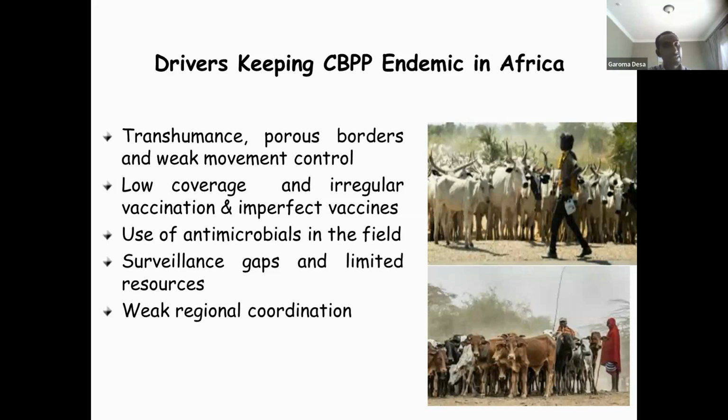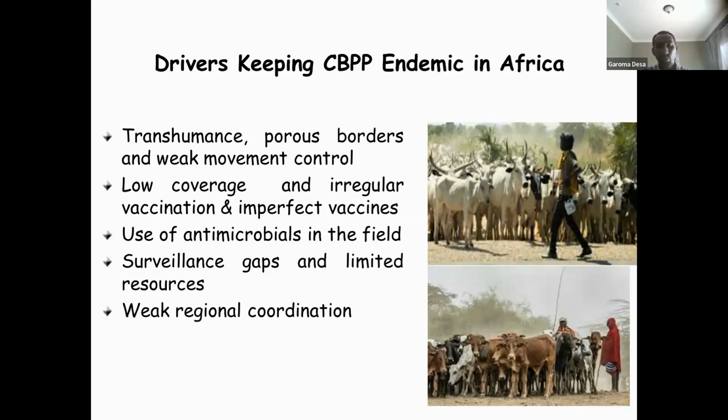There is also low coverage and irregular vaccination and imperfect vaccines that make CBPP endemic in Africa, as my colleague raised in the opening speech. We have a problem with vaccine. There is a shortage of vaccine. By its nature, CBPP needs vaccine to give enough protection. We have to vaccinate our animals at least annually, or if possible, 2 times per year.